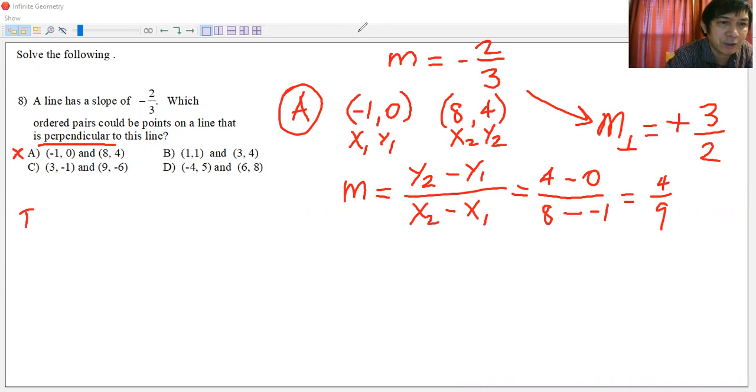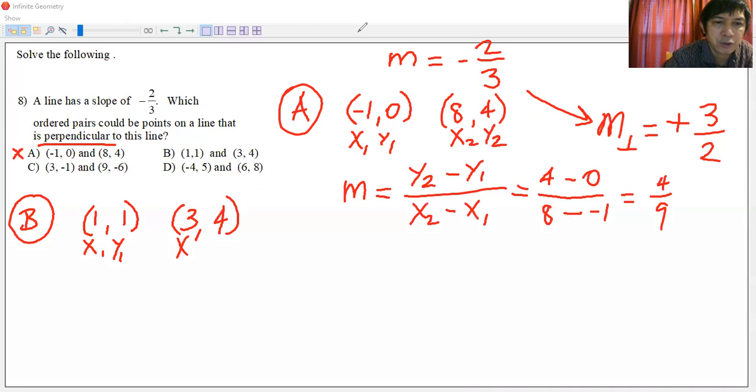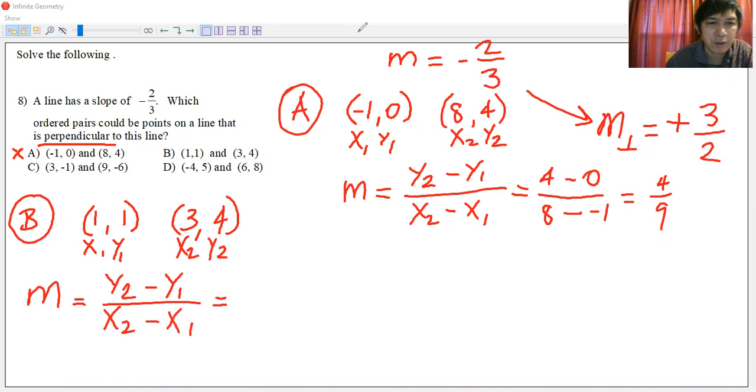All right, let's do it over here. We have 1, 1. That's our x1, y1. We have our other point 3, 4, and this is x2, y2. Using the same formula, m is y2 minus y1 over x2 minus x1. y2 is 4, minus y1, 1, divided by x2, that's 3, minus x1, 1.